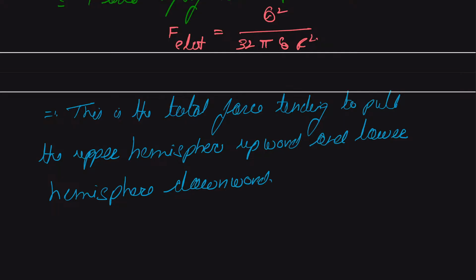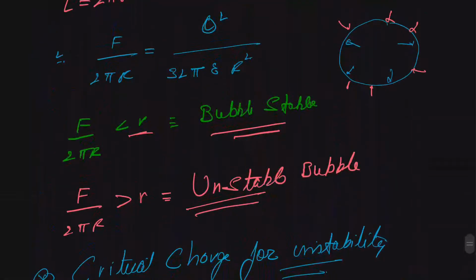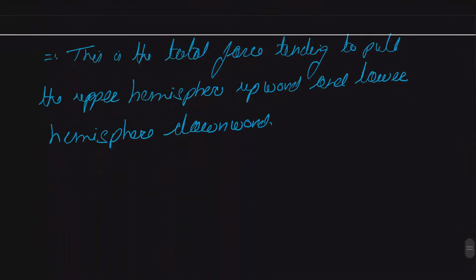Like we have drawn, if we divide this into two parts, upper as well as lower, this force F will be trying to pull the upper hemisphere in the upward direction and the lower hemisphere in the downward direction. So this is the basic meaning here.